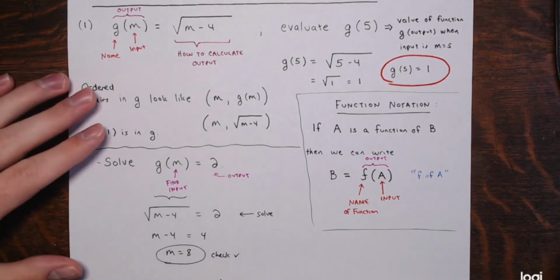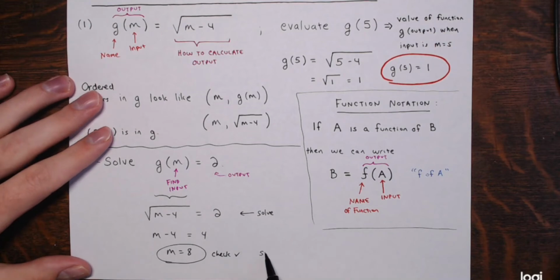So g of 8 equals 2. Replacing m with 8 gives me an output of 2. Also, you could say that the ordered pair 8, 2 is in this function called g: input 8, output g of 8, input 8, output 2.